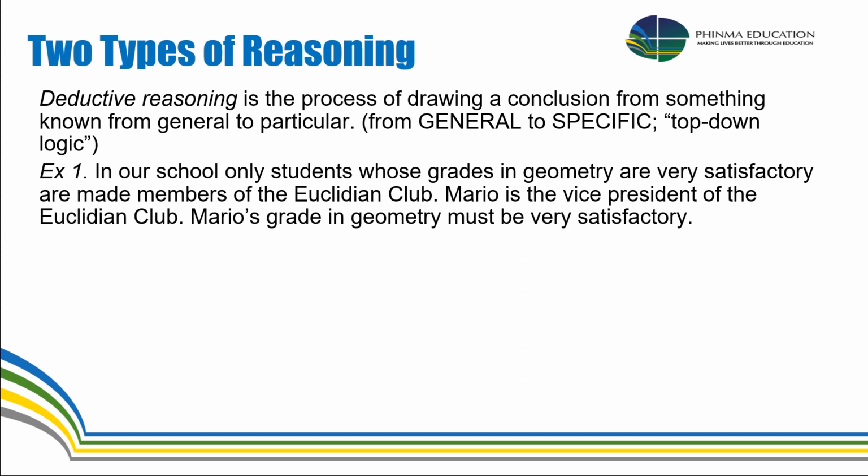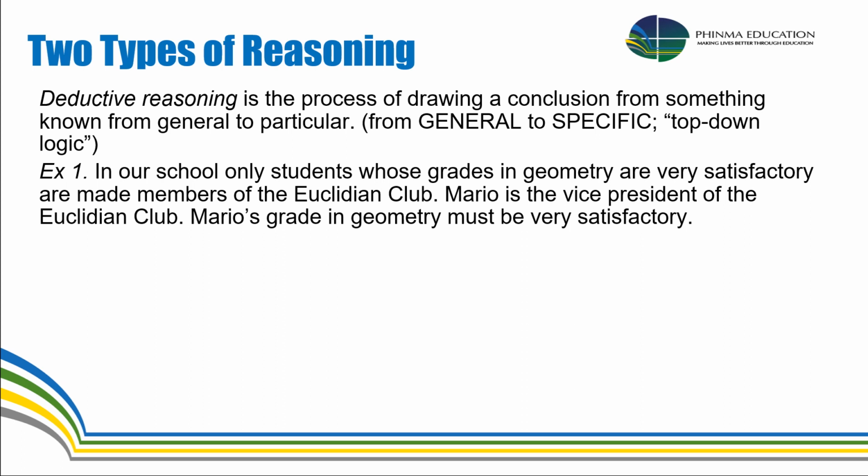So we have here an example in order to understand the concept of deductive reasoning. Example number 1. In our school, only students whose grades in geometry are very satisfactory are made members of the Euclidean Club. Mario is the vice president of the Euclidean Club. So Mario's grade in geometry must be satisfactory. Based on our given example, nag-uumpisa siya sa general.